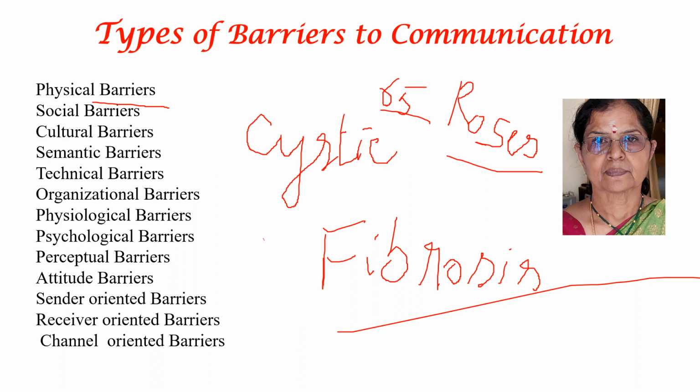And cultural barriers, I told you, and I gave you an excellent example of a British executive who misunderstands the words. It is interesting. So that is a cultural barrier. That's a very good example of a cultural barrier. And then comes the semantic. Semantic means meaning. The word semantic refers to meaning.